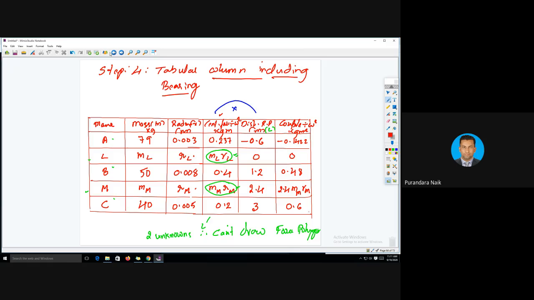The maximum value is 0.6. It's better to take 0.1 kg meter square is equal to 1 centimeter. That is the scale. Okay.